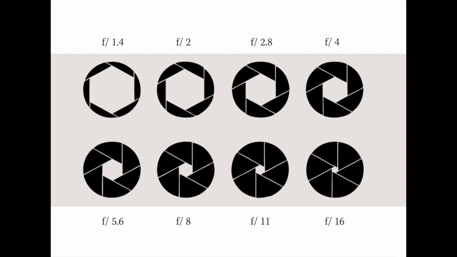So the bigger the number, the smaller the aperture, it has a smaller hole, and the less blurry the background will be. Let me say that again. If you want a blurry background, you put the aperture on the smallest number. That opens it wide up, so it's got a big hole. Don't want any blur? Close your aperture, and that is a larger number.